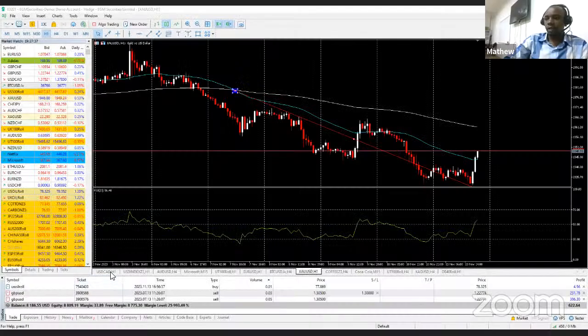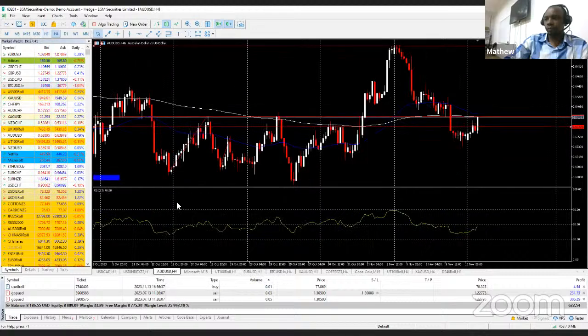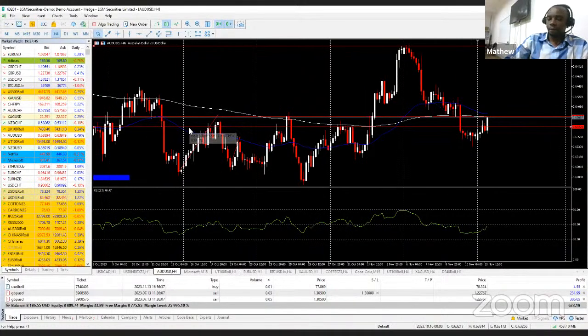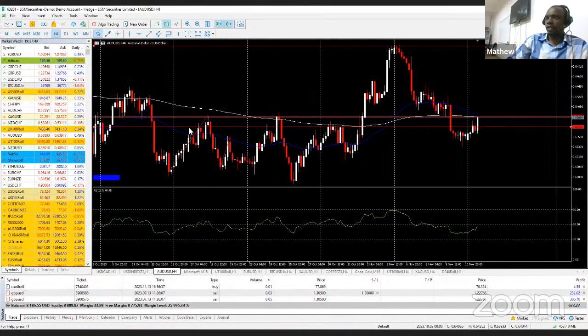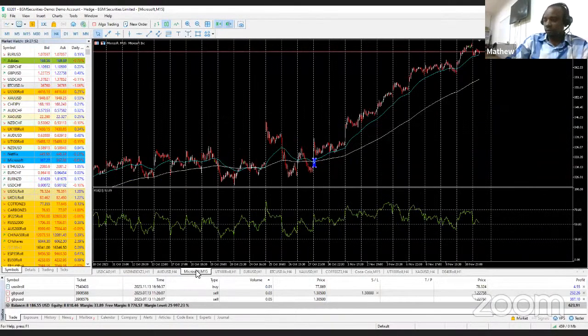Now, let's look at maybe a currency. I'm trying to look at an area where the RSI is shooting into an overbought area, and the moving average is giving the same.